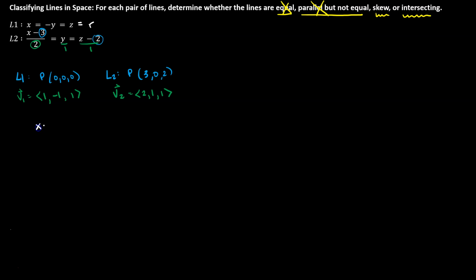So then I have the 3 equations: x equals r, negative y equals r, and z equals r. And then for line 2, I'm going to set that equal to a parameter because that's the definition of symmetric equation. And I'll pick s instead of r. So then I'll have (x minus 3) over 2 is equal to s. I'll have y is equal to s. And then I'll have z minus 2 is equal to s. So this is the system that we're solving for s and r.